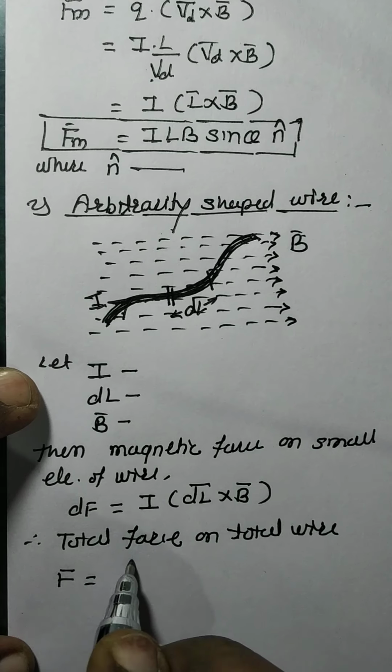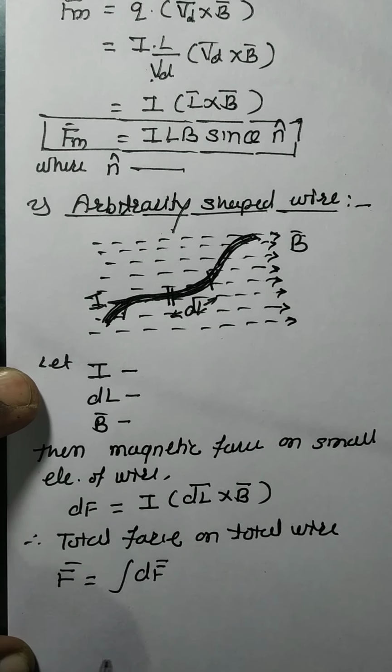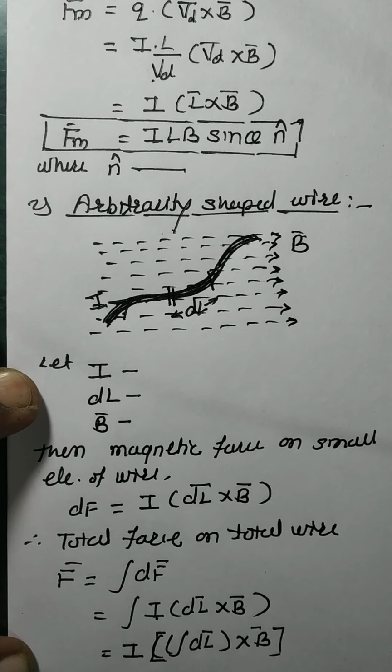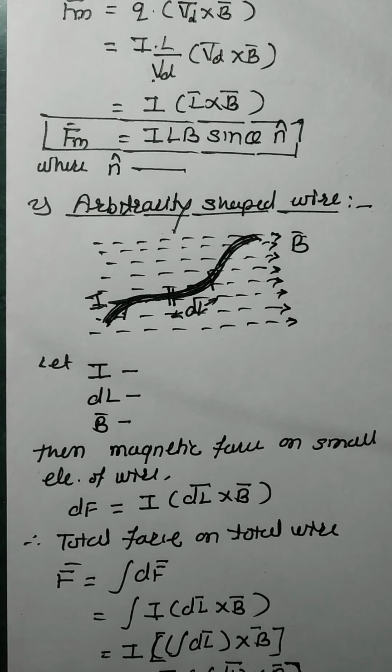that is F is equal to the integration of DF, which is equal to the integration of I into DL cross B. I is constant, so take it outside, I into the integration of DL cross B. Force acting on the wire F is equal to I into the integration of DL cross B, since B is uniform over the whole wire.